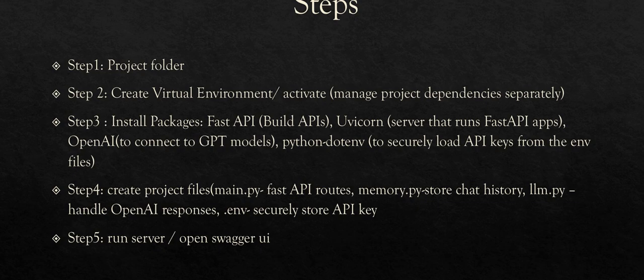Now we are saving our API key in our environment file. Why? Because we don't want to make it public. We are not going to hard code it into our code so that it's not made public. Just like you don't want to give your house keys to everyone, similarly, we want to keep the API key as private as possible.